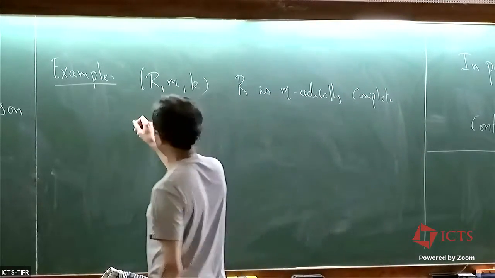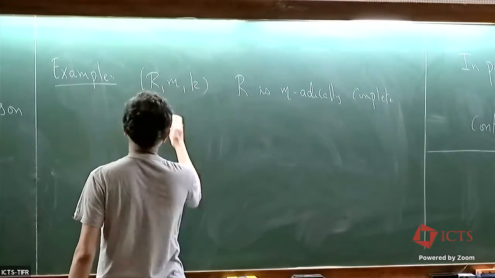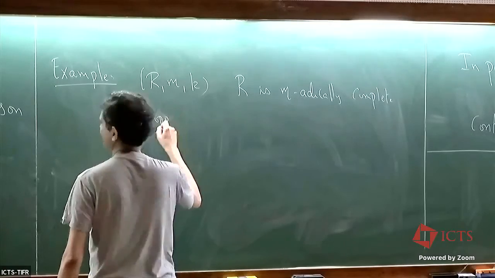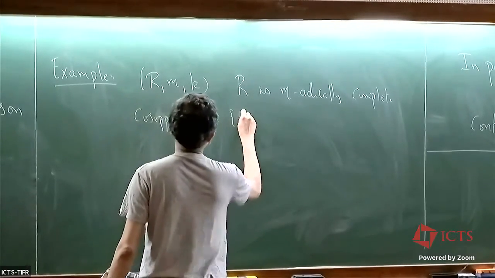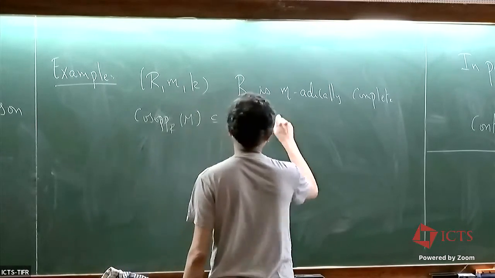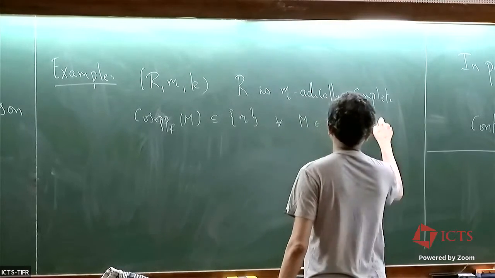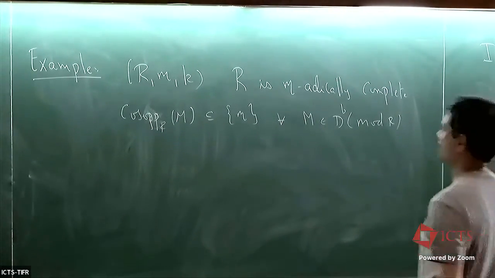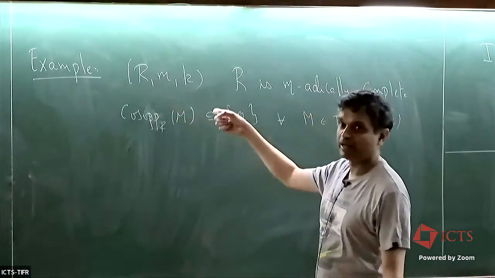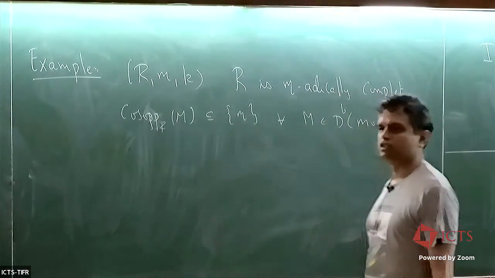Then the co-support of any finitely generated module is contained in the maximal ideal, for all M in D^b. Whereas, of course, the support of something finitely generated can be any closed subset of Spec R, but the co-support is always just the maximal ideal or nothing.